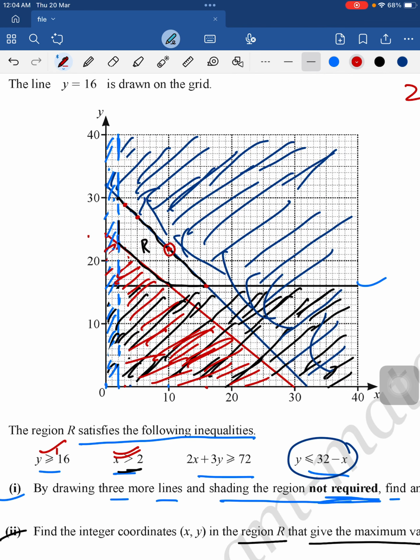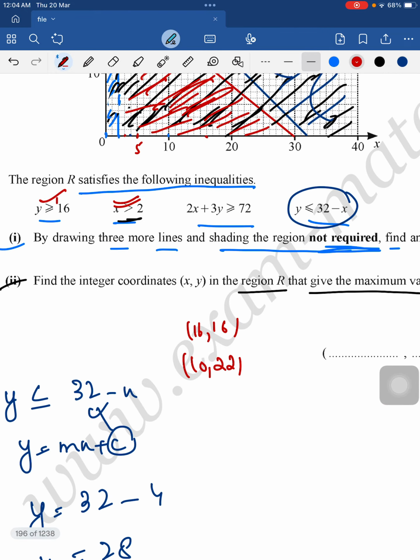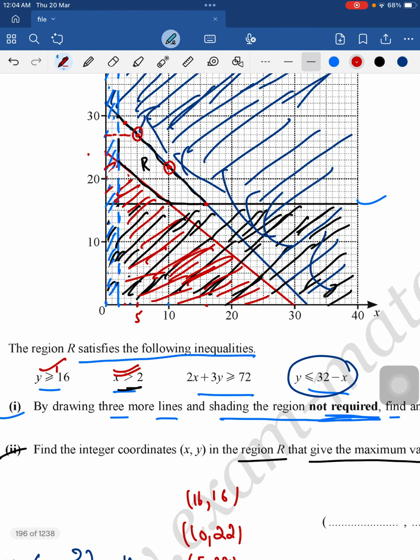Third, we have this part, that is 5, and here this part, that is 27. So 5, 27. The last part we have 3 and 29.